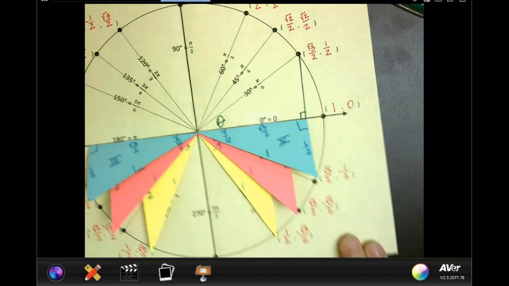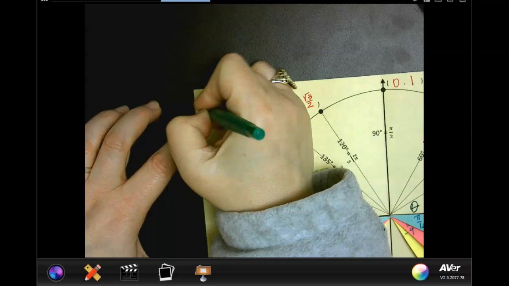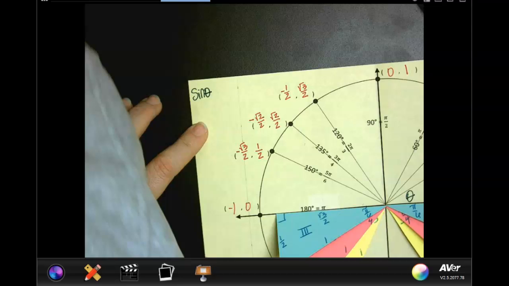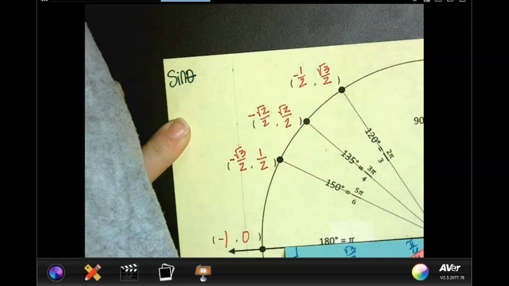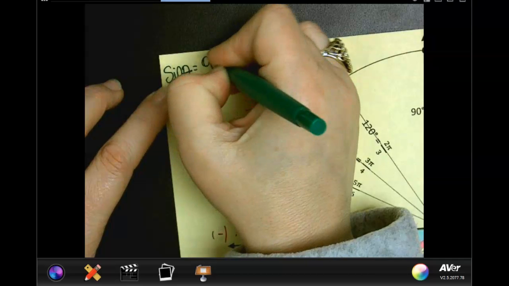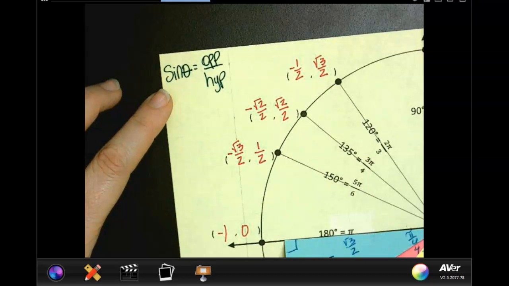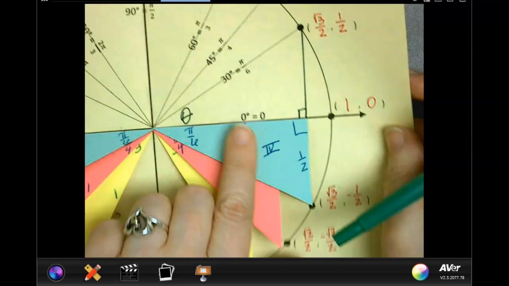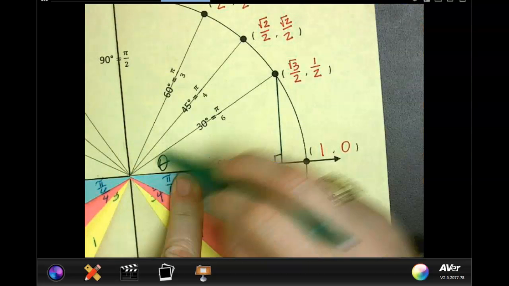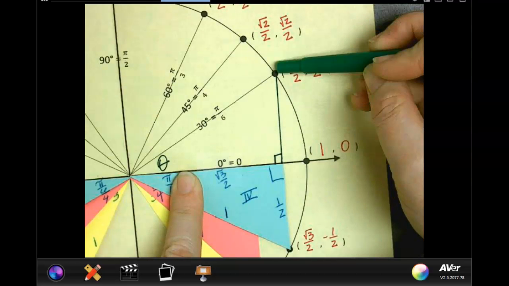Now, on the top left of your paper, I want you to write sine theta. And sine theta from SOHCAHTOA is what over what? Opposite over hypotenuse. Yes? All right, so once I look at theta here, if I'm going to have opposite over hypotenuse, the opposite side here actually represents the y value of the ordered pair.